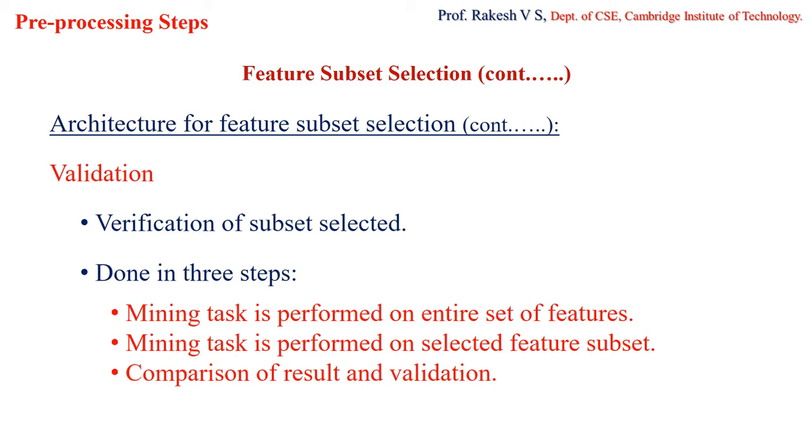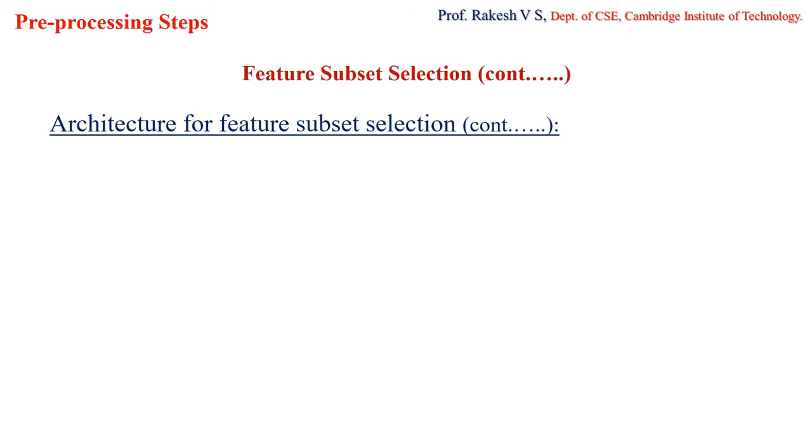In case of the validation procedure, we will be performing the verification of the selected subset. How can we do this? It is done in three steps. The first one is the data mining task performed on the entire set of features, then the mining task is performed on the selected feature subset, and then the third one is comparison of the results and validation.